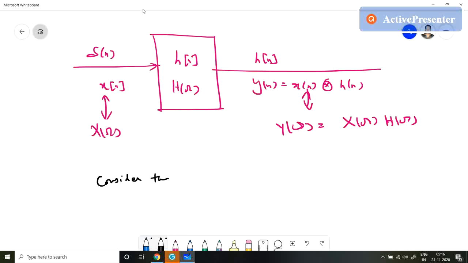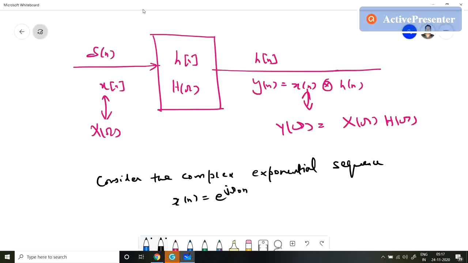Consider the complex exponential sequence x[n] = e^{jΩ₀n}.